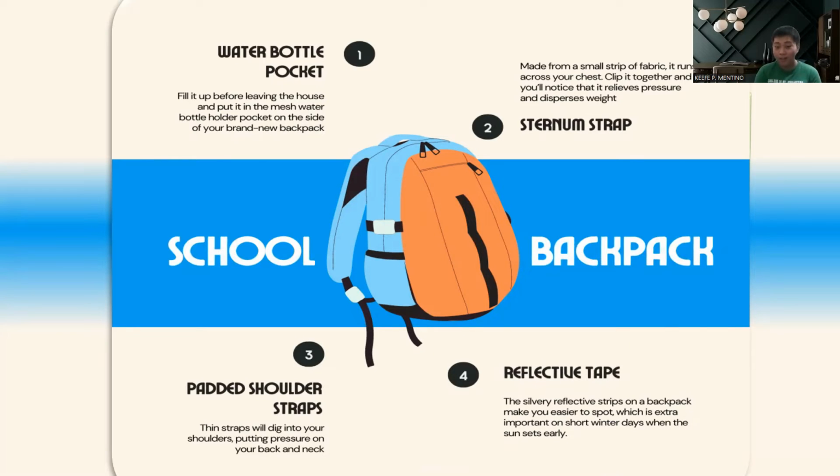Diba? So, dapat sa school backpack, meron daw may shoulder straps, meron daw may sternum strap, merong water bottle pocket, and may reflective tape. Diba? You can easily summarize what you have read. So, because nga, at the end of the day, an information's goal is to communicate information to the audience.